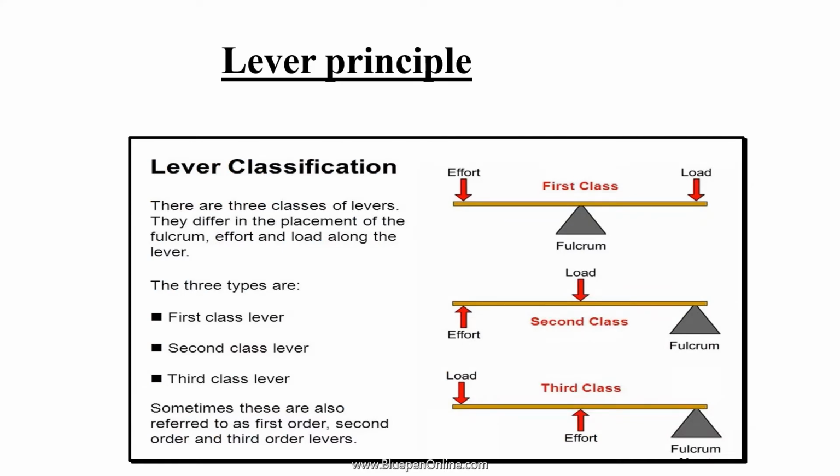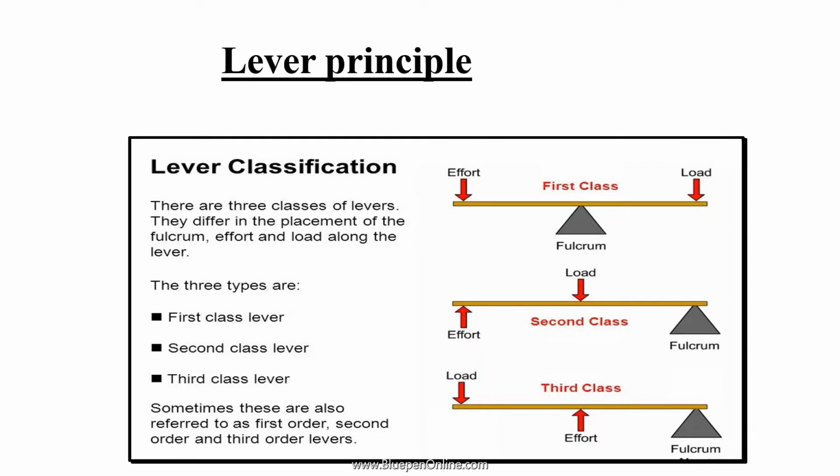So as I told you, we have 3 types of levers: the first order, second order and third order. The only difference between the first, second and third is the placement of the fulcrum, effort and the load. As you can see here, in the first class, you have EFL.